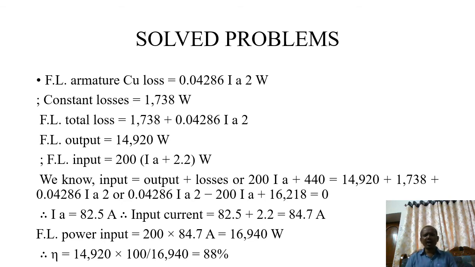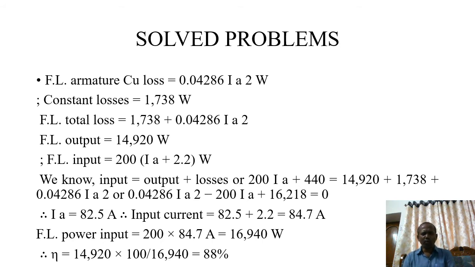So Ia square RA is 0.04286 Ia square watts. And we have already calculated the constant loss, 1738 watts.